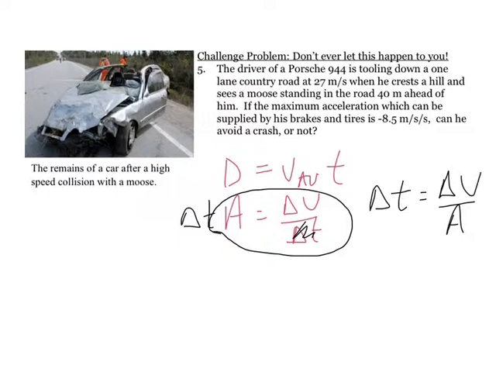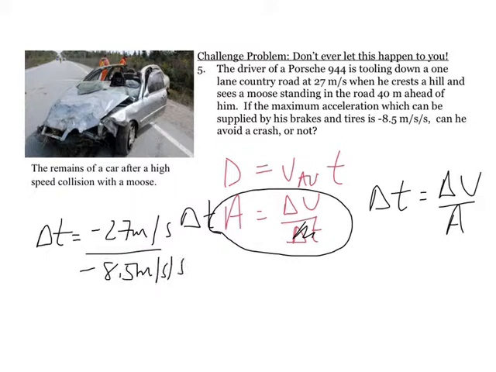Once I do that, I'll swing it over on the left-hand side of the screen: delta t equals minus 27 meters per second over minus 8.5 meters per second squared, and that is going to give us how long it'll take the driver to stop. So we grab the calculator and figure that out, and it comes out that this is going to take 3.18 seconds for the driver to stop all the way.